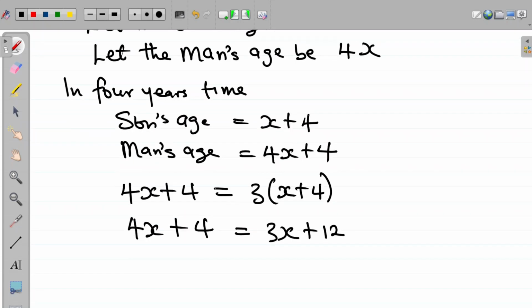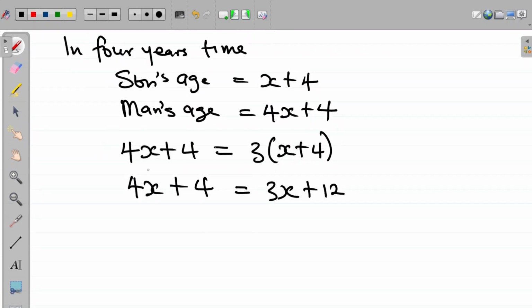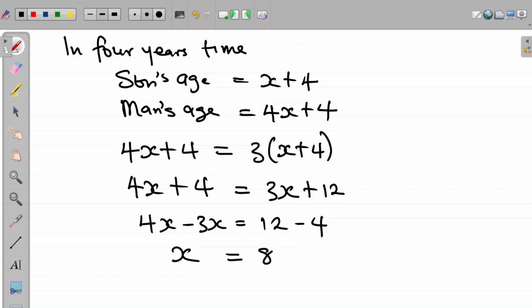Now we have to collect like terms. So the equation becomes 4x minus 3x is equal to 12 minus 4. So 4x minus 3x is equal to x, and 12 minus 4 is equal to 8.